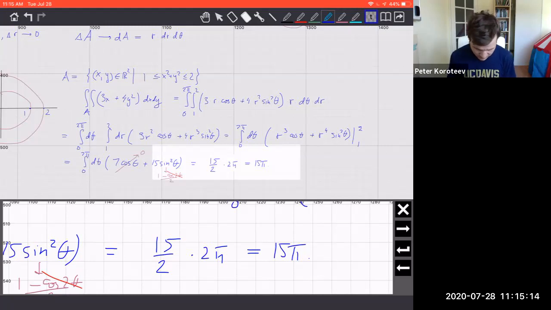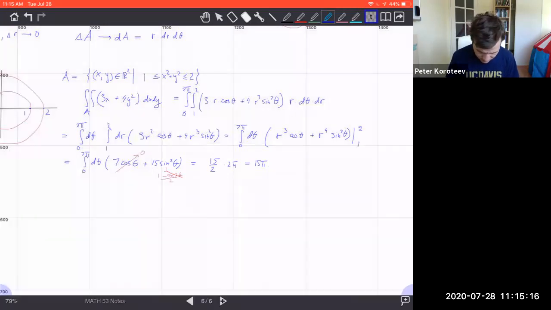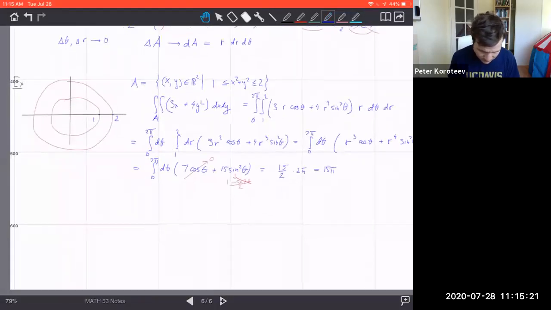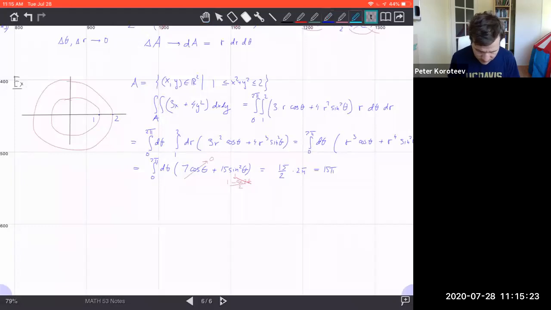Good. So now let's make the same generalization as we did before. When we talked about integration in Cartesian coordinates, first we talked about rectangles and then about some arbitrary shaped areas. And now we can do the same in polar coordinates.